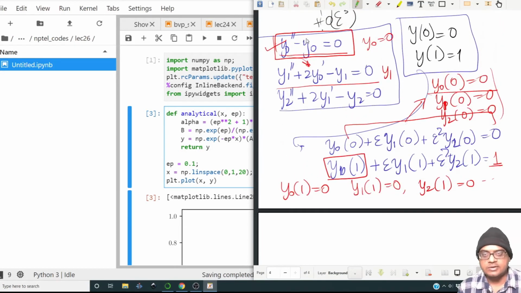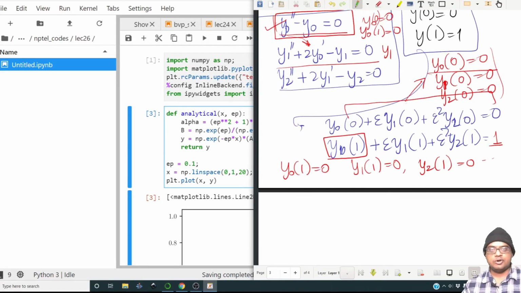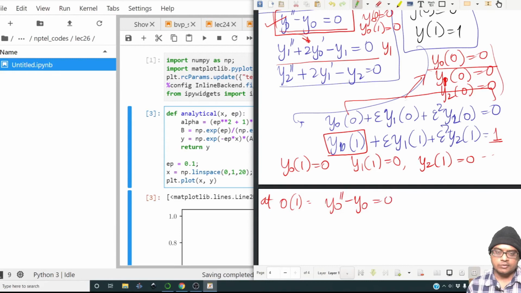So let me write it down once again over here. At order 1, we have y naught double prime minus y naught equal to 0, subjected to y naught at 0 equal to 0 and y0 at 1 equal to 1.